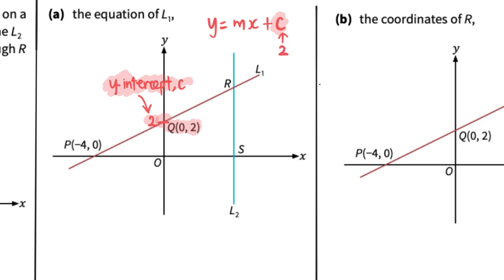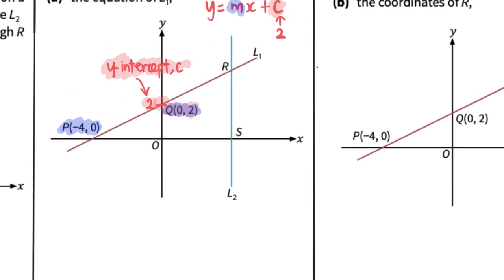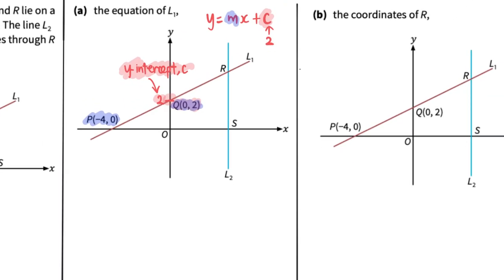So my next concern would then be to find the gradient m. And I can do that easily because I got point P, I got point Q. Gradient of L1 is simply y2 minus y1, so it will be 2 minus 0 over x2 minus x1, 0 minus negative 4.